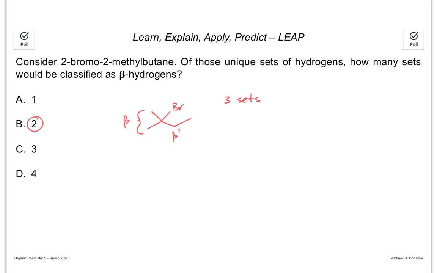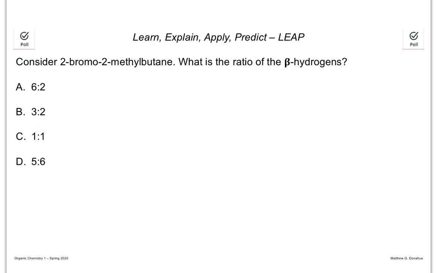You can see the logic here, we're funneling down from the total sets to just considering those on the beta carbons. Again, that ratio was 6 to 2. So the total number is 8.